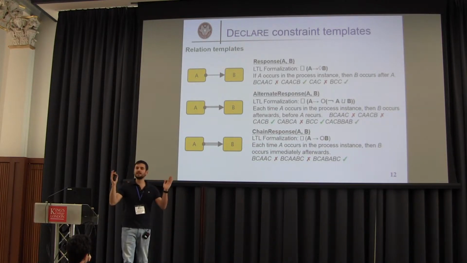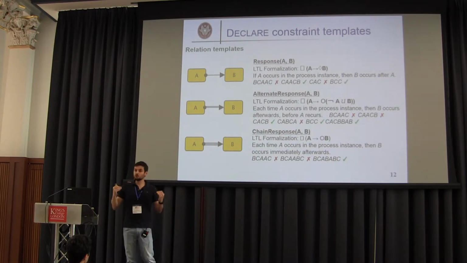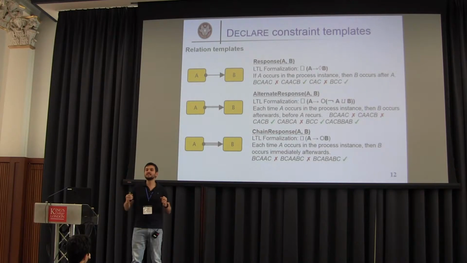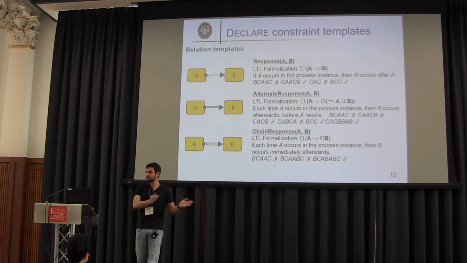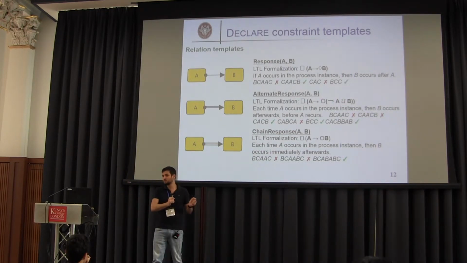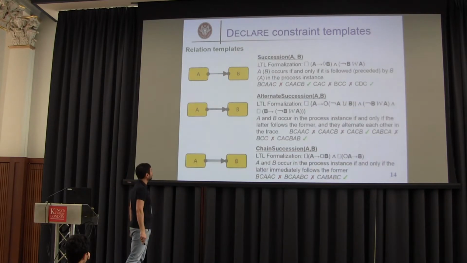So the idea is that the Declare process modeling language provides a certain number of templates defined over LTL to implicitly specify the order of activities in the process model. This is very different from imperative models, where we explicitly specify this order. Here the order is implicitly specified by constraints.